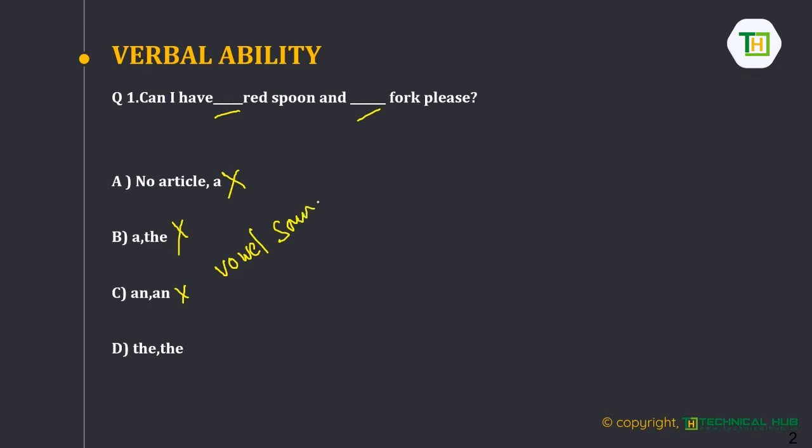Vowel sound, and it is not about the vowel letter, that means A, E, I, O, U. Usually right from our childhood, our teachers have taught that whenever you see A, E, I, O, U, just place an. But in some places we should not place an.